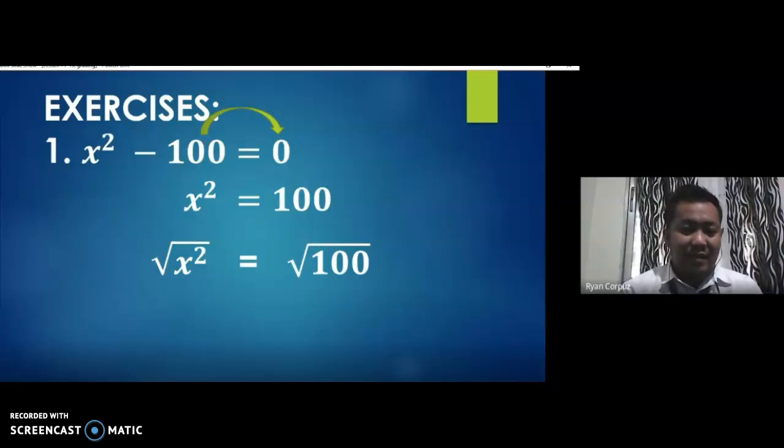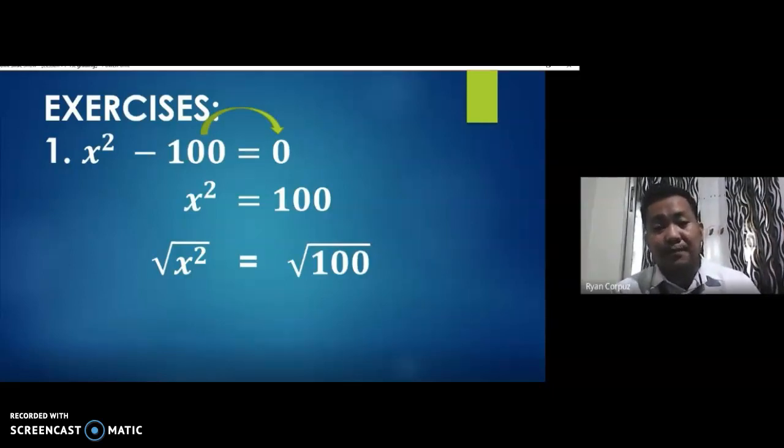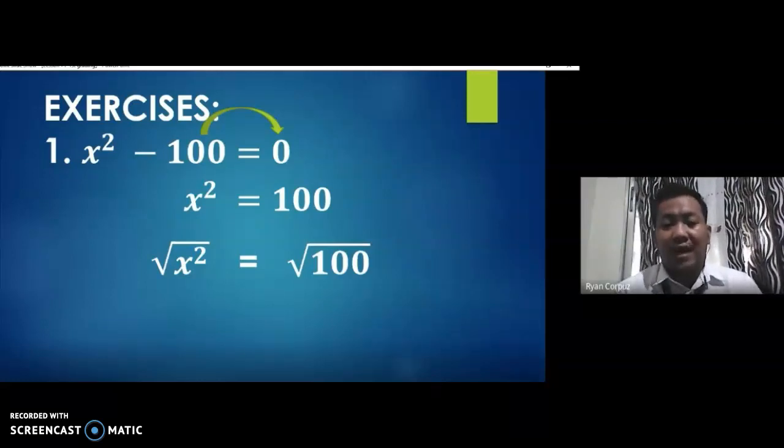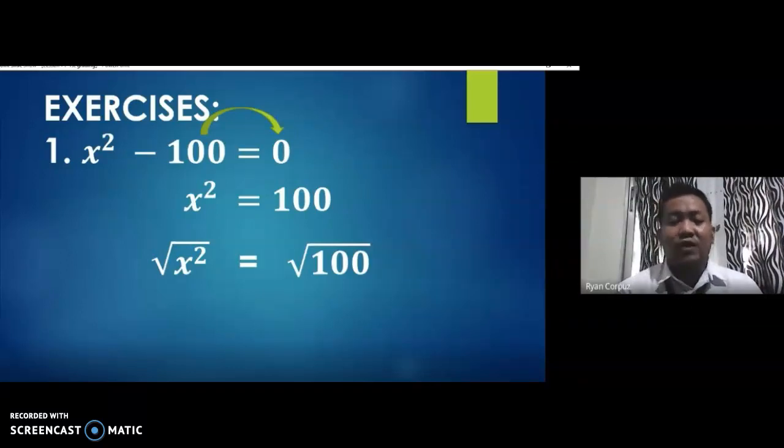The square root of x squared is equal to x, because it's just like we cancel out the square root sign and the exponent 2. Then the square root of 100 is 10. We know that the square root of 100 is 10.